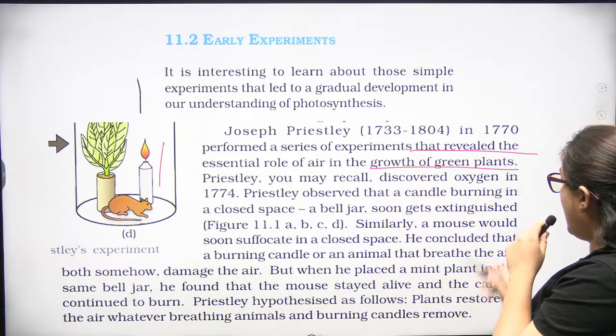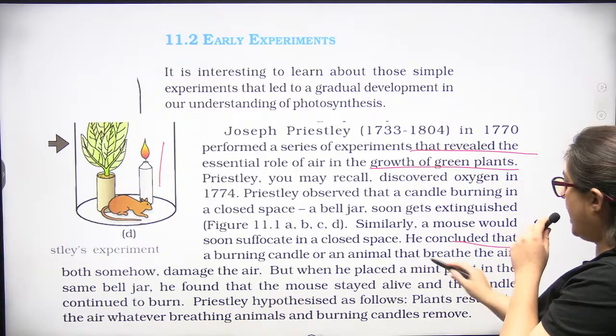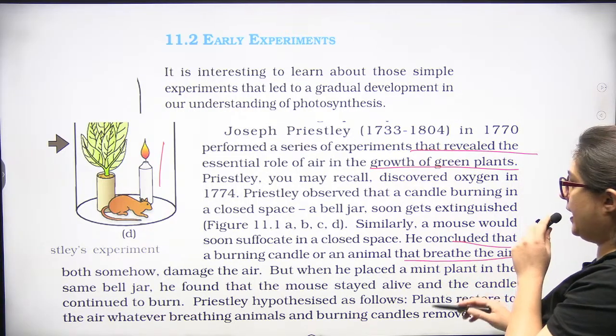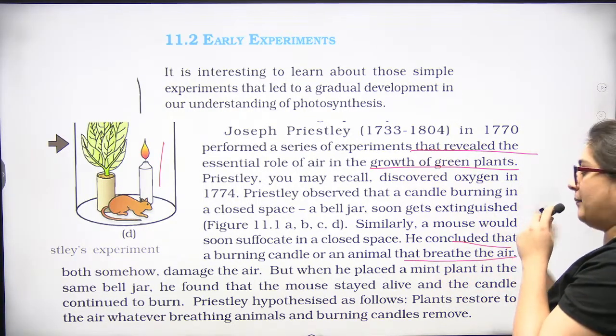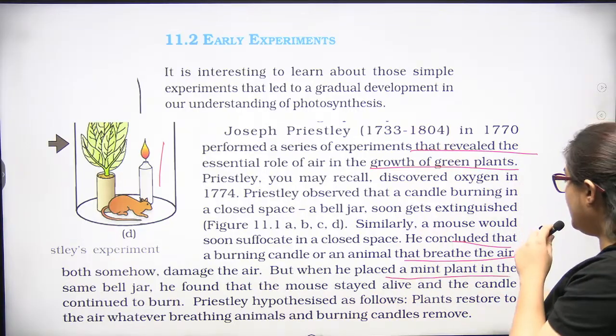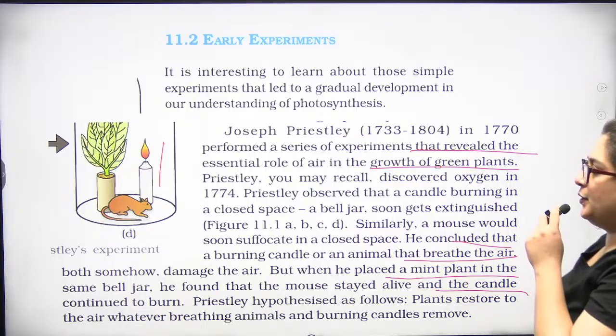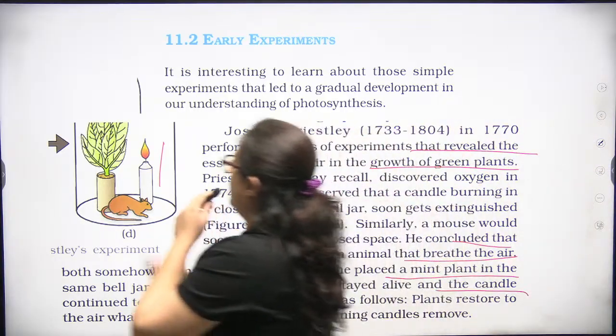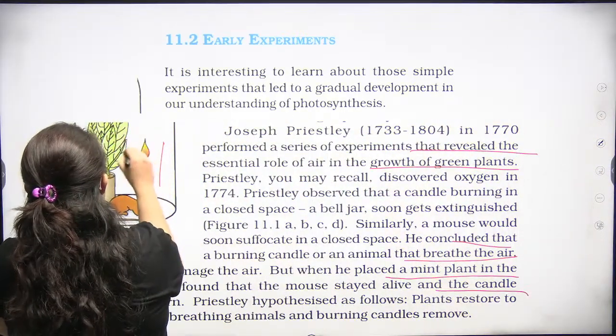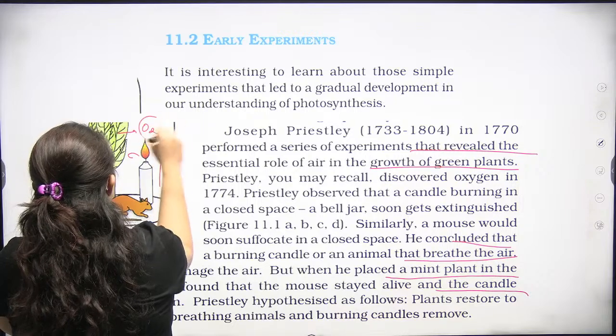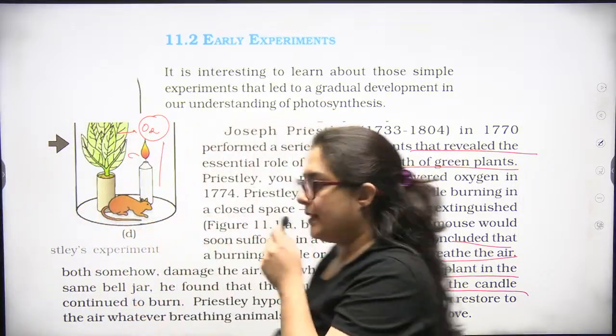He concluded that a burning candle or an animal that breathes the air, both somehow damage the air. But when he placed a mint plant, then the mouse stayed alive and the candle continued to burn because here light is coming, oxygen is producing.